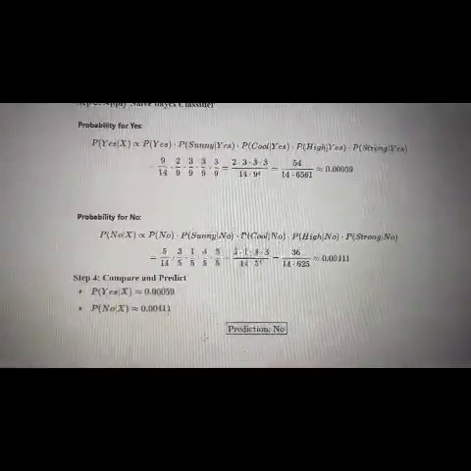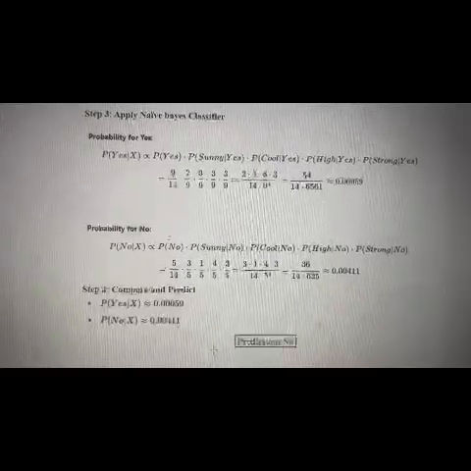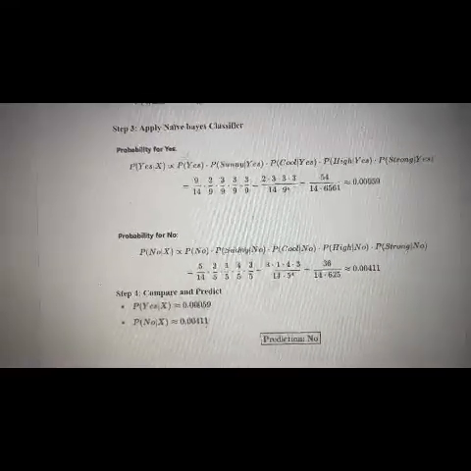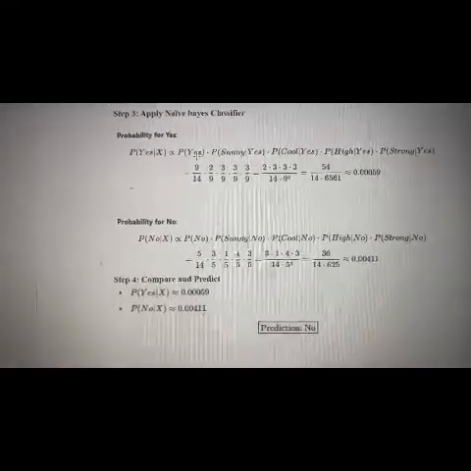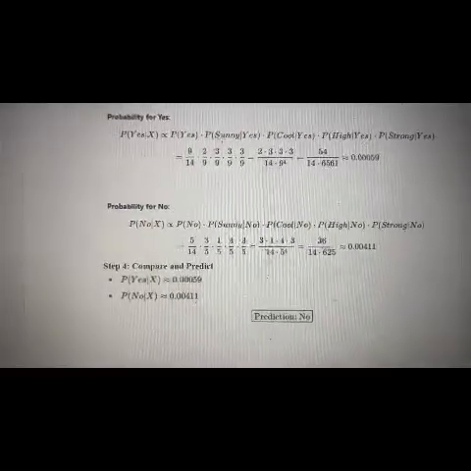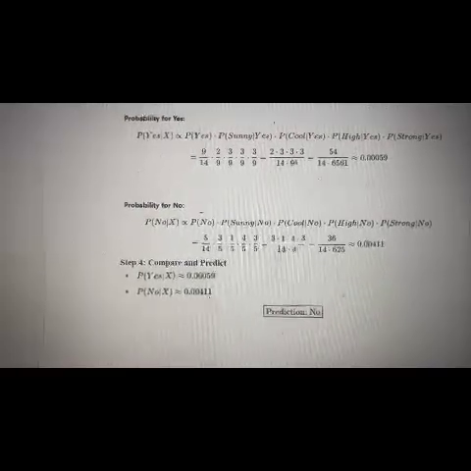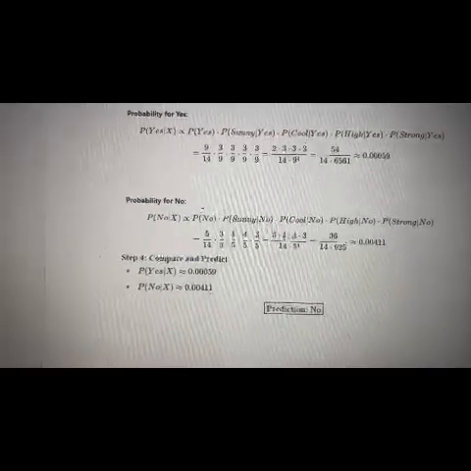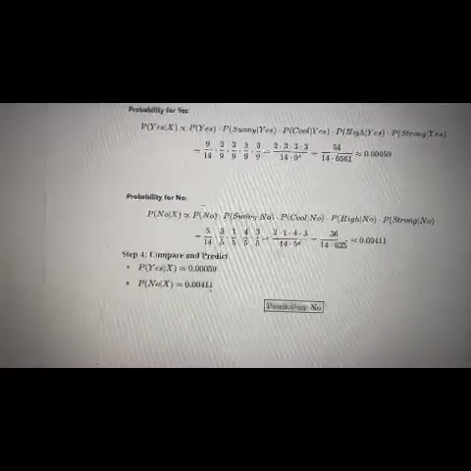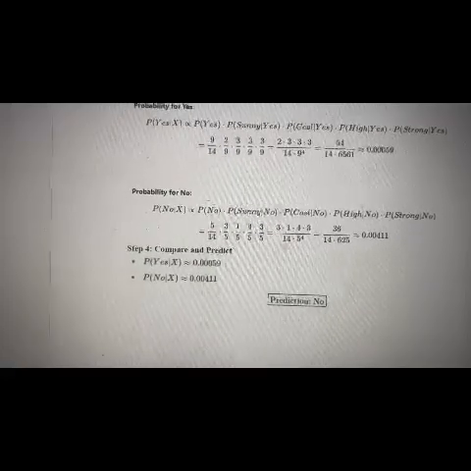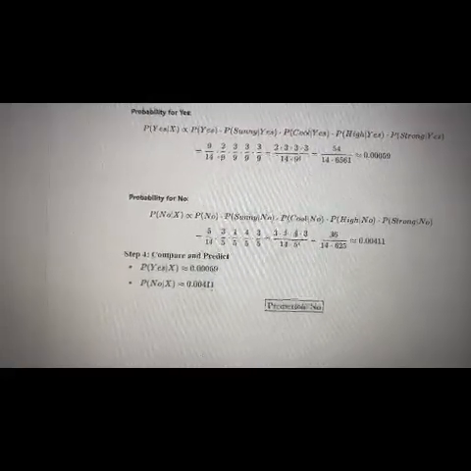Now let us apply the naive Bayes classifier formula. We have obtained the probability of yes and the probability of no. Now let us apply that in the formula. What is the formula? P(y) times the product over i equal to 1 to n of the probability of each attribute for outcome y. So the probability for yes is 9 by 14, and for every attribute we have the probabilities, and we multiply them.